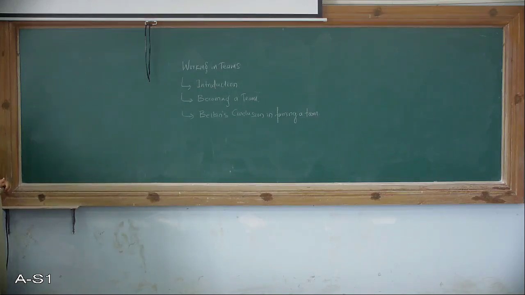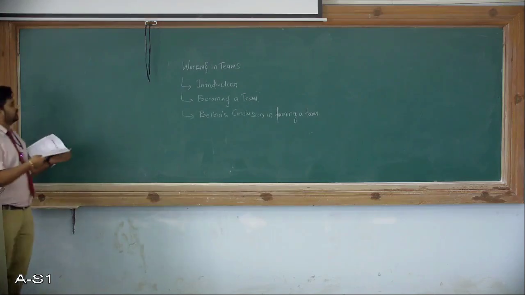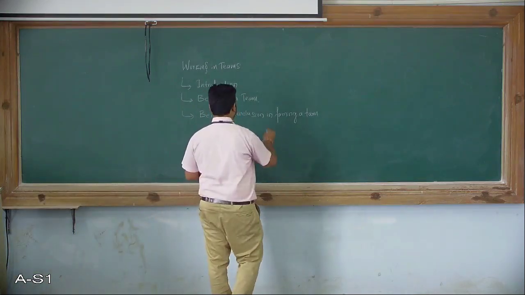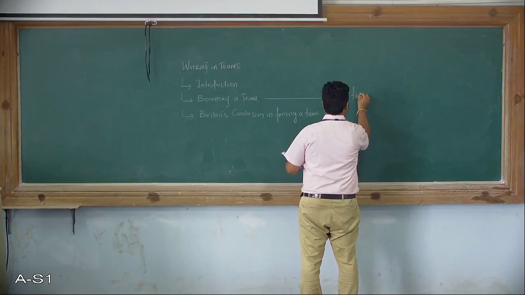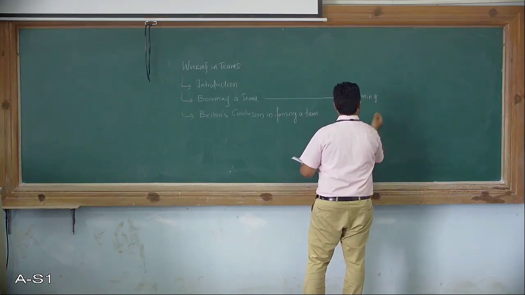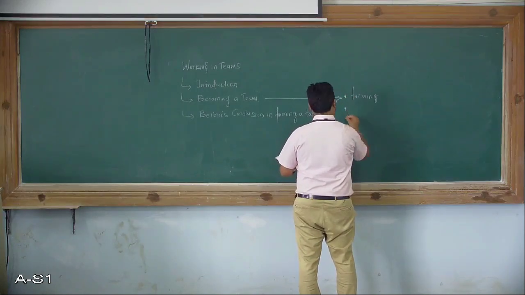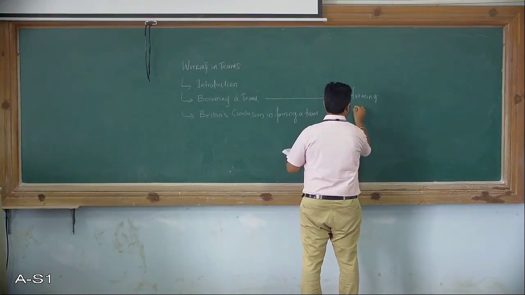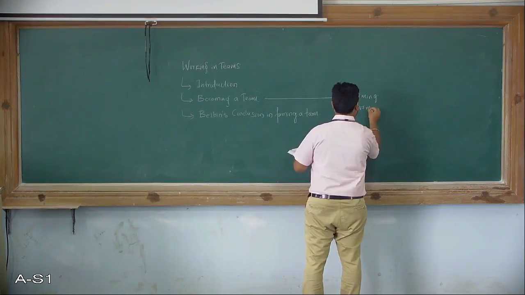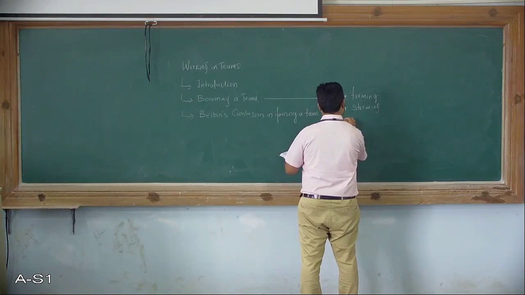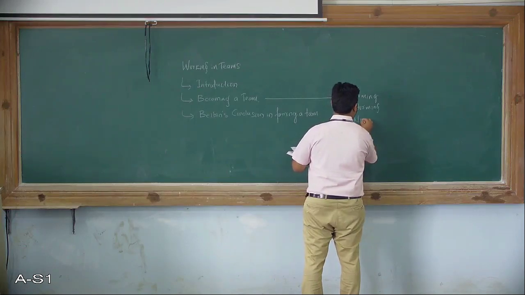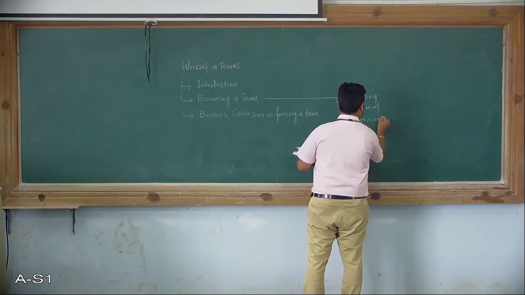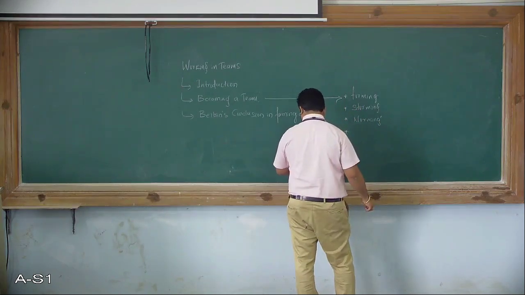Out of the basic stages, the first one is forming. We will discuss it. So the first point in becoming a team is forming a team. Second is storming. Third is norming, normalizing the situation.